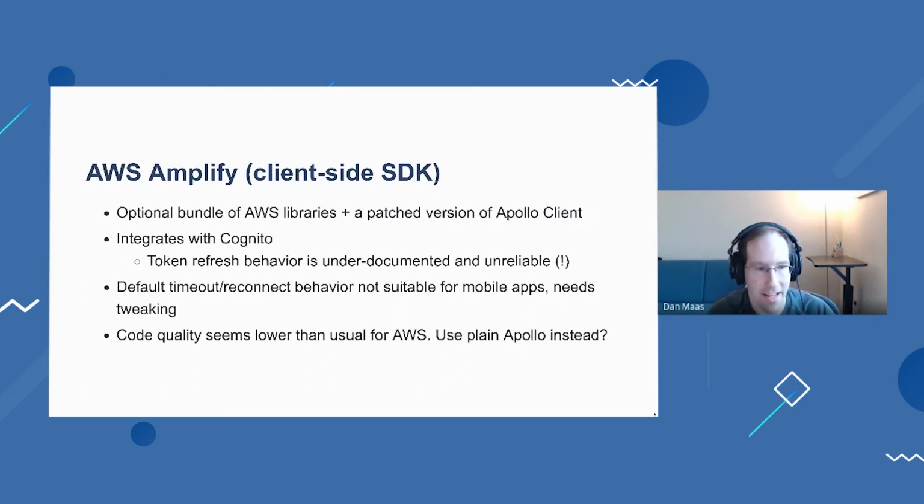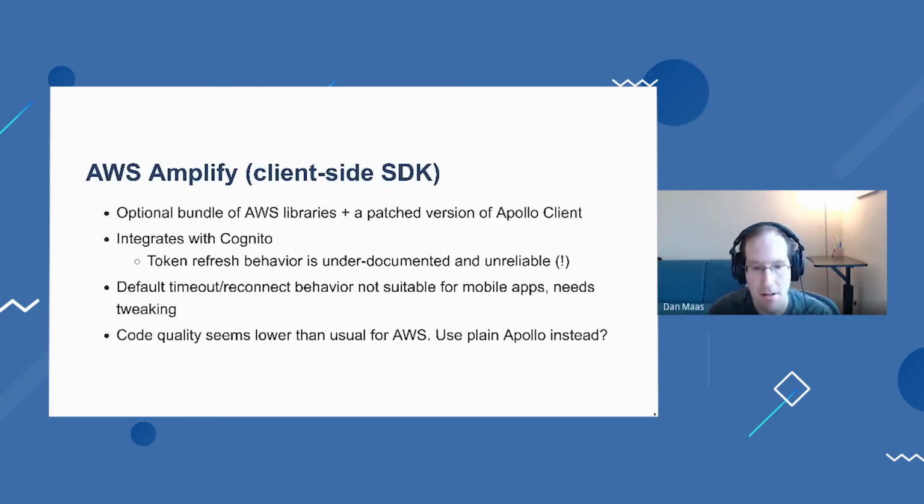One issue is that it handles the authentication and authorization for you by integrating with AWS Cognito. However, I found that code is rather unreliable, especially on a mobile client, because they don't take into account things like network issues, timeout reconnect behavior, and also token refreshing.